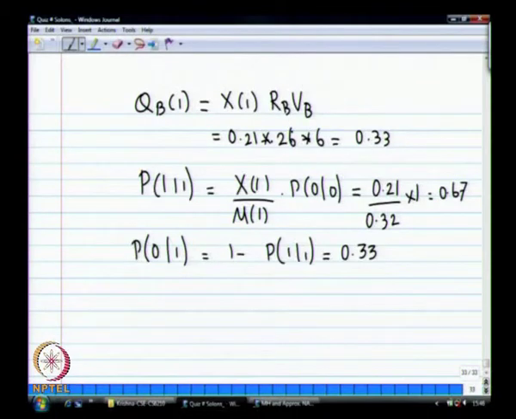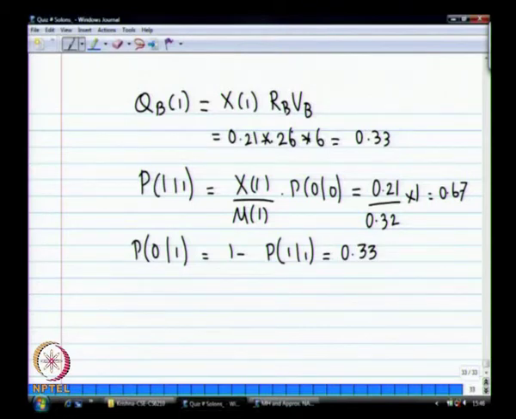So QB of 1, the updated version for the queue length, is now based on the new X that we calculated, so X into RB into VB, which is now 0.33. So from QB of 0 it is now updated to 0.33.